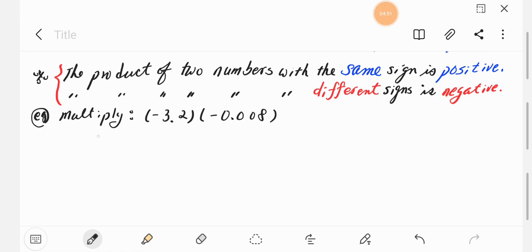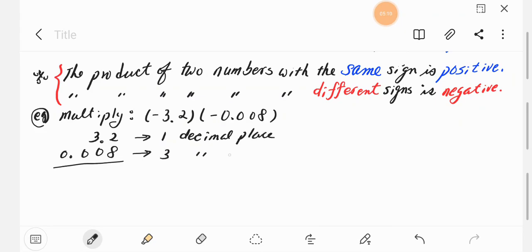So let's multiply 3.2 by 0.008. Okay, this one has 1 decimal place, and this one has 3 decimal places, right? So the sum is 4 decimal places.